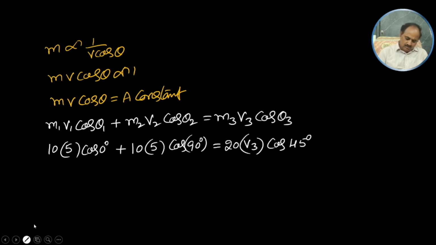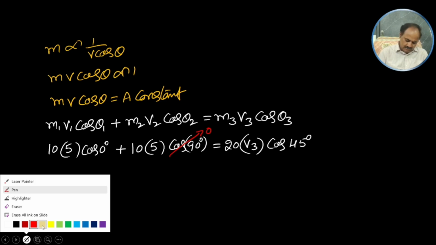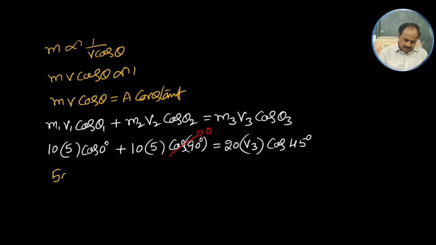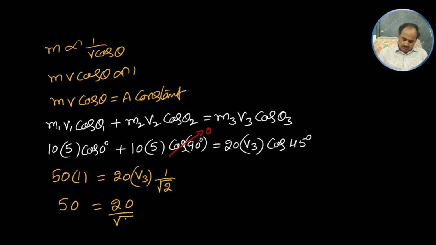As we all know, cos 90 equal to 0, so this is 50. 50 into cos 0, which is 1, is equal to 20 into v3 cos 45, which is 1 by root 2. So 50 equal to 20 by root 2 into v3.